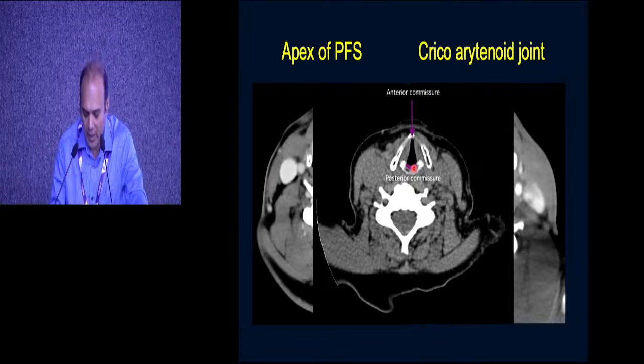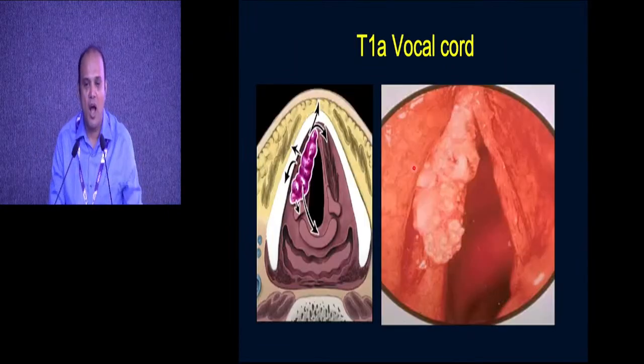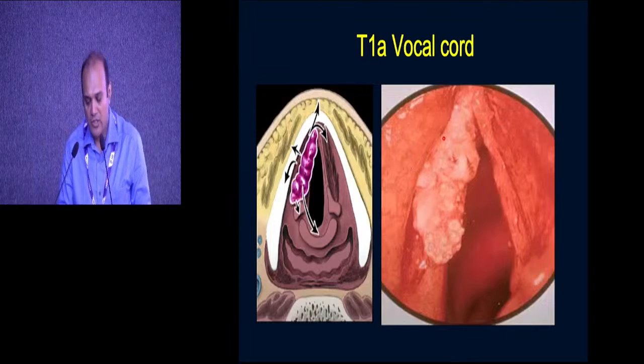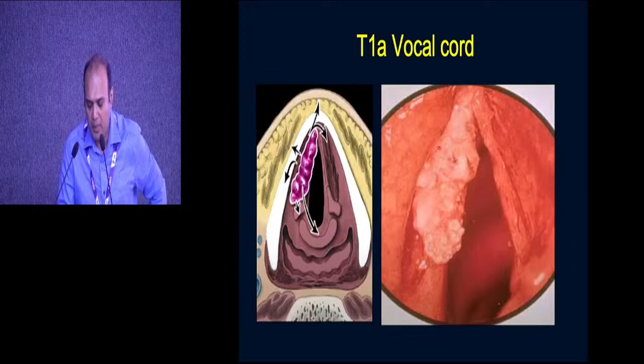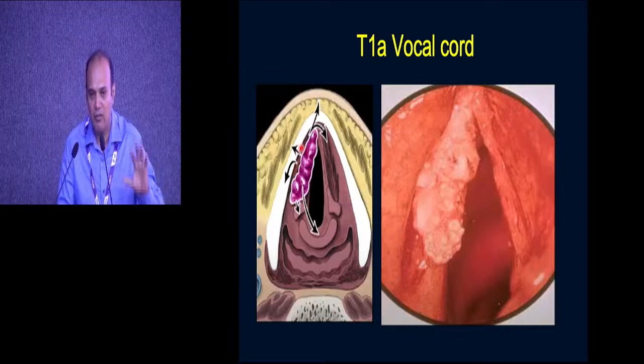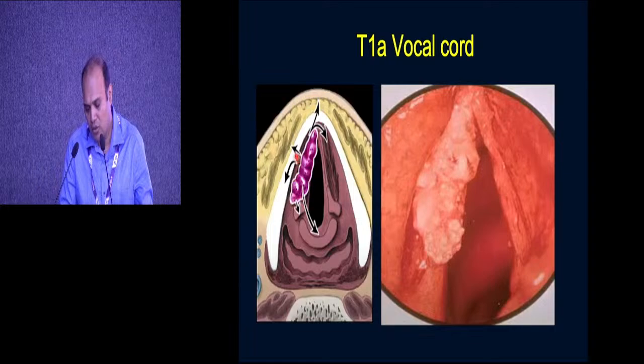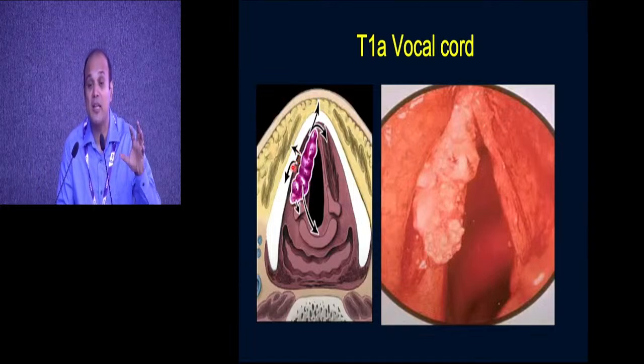Yes, clear? Now we have a tumor in the vocal cord. How does the tumor spread? You can see it on office endoscopy. If you have a tumor there, it can spread laterally, because there is really no paraglottic fat at the level of the true vocal cord. It can erode the inner aspect of the thyroid cartilage, and then it becomes T3.